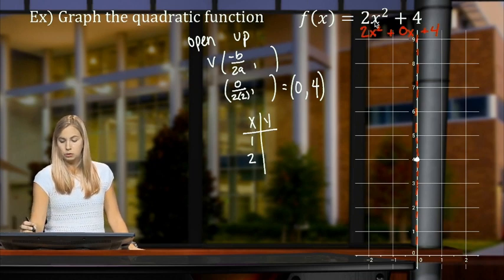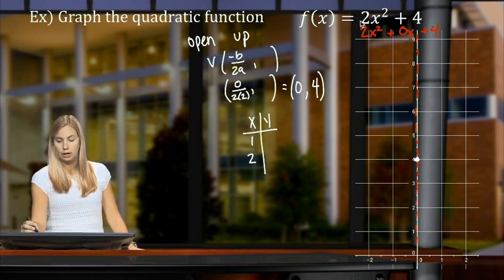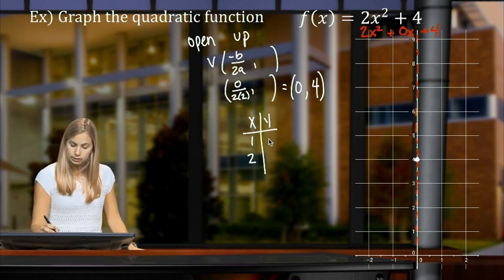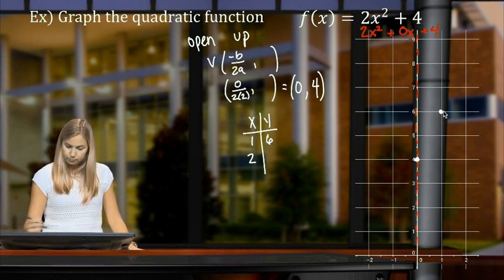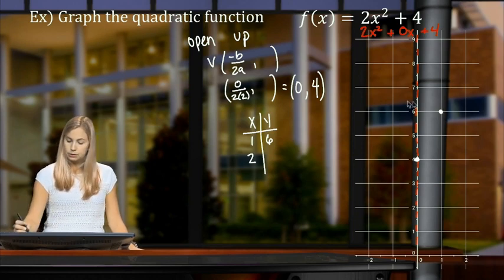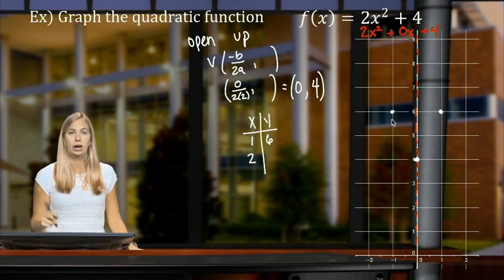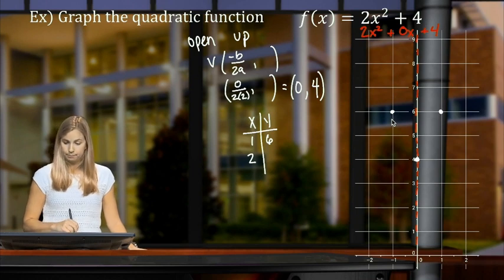When we plug in x equals 1, we get 1 squared is 1, times 2 is 2, 2 plus 4 is 6, so 1, 6. If I've got a point at 1, 6 reflecting about the axis of symmetry, I also have a point at -1, 6.